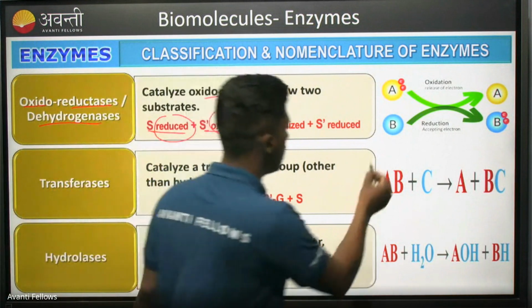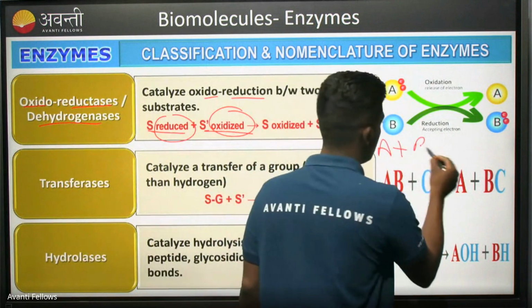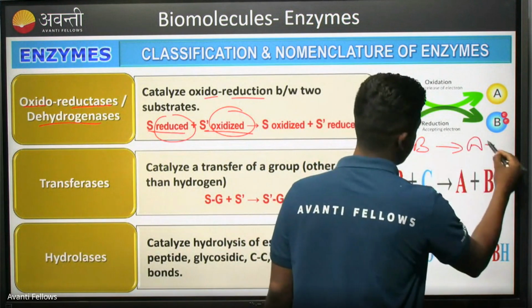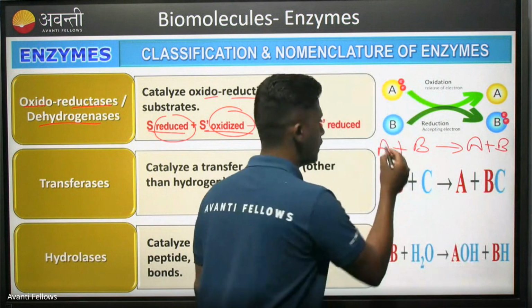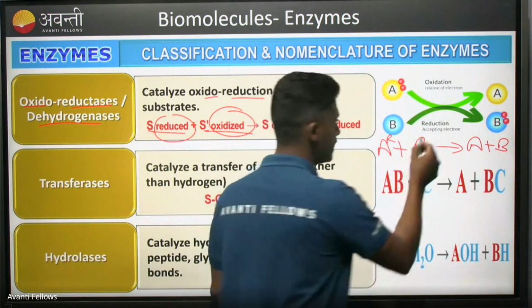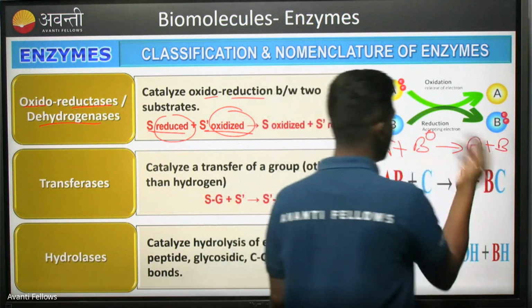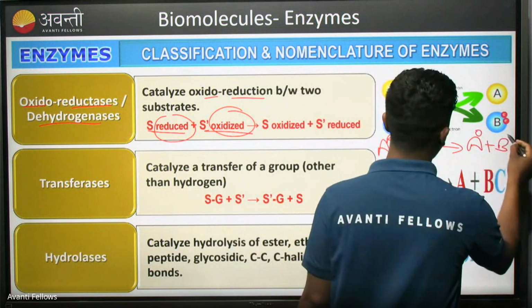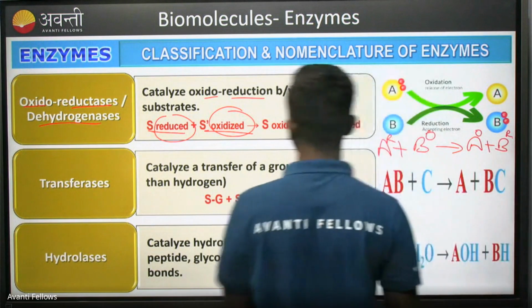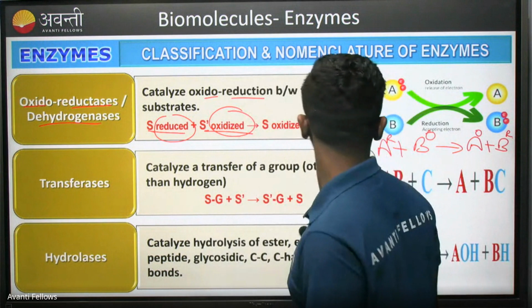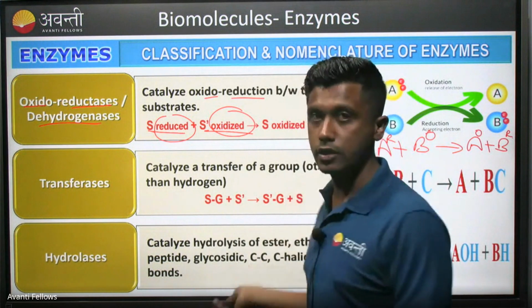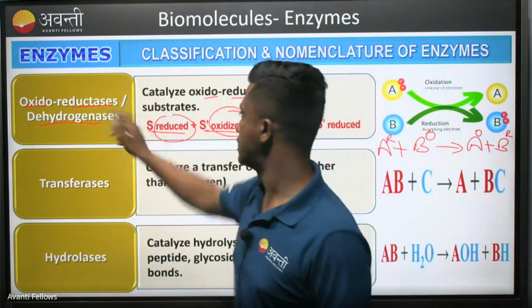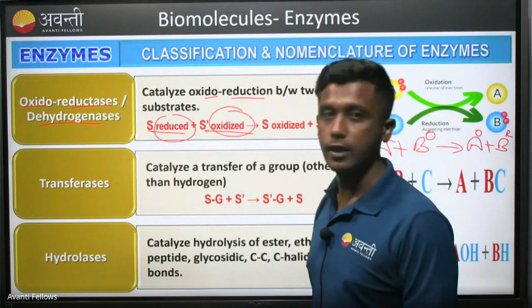If I have A plus B goes to A plus B, first A is reduced and B is oxidized, and then later A is oxidized and B is reduced. So this is called an oxidoreduction reaction, and these enzymes are called oxidoreductases or dehydrogenases.